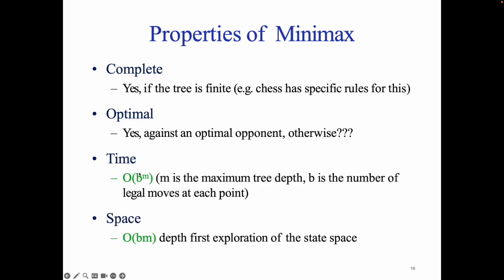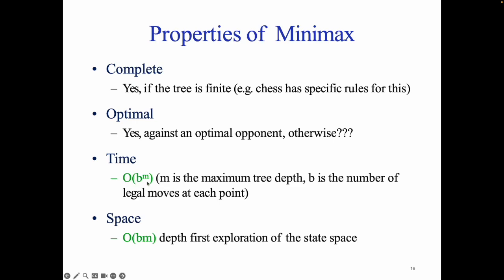And then in terms of time complexity, assuming that your maximum tree depth is m, so you can go deep down to depth m, and b is the number of legal moves, or the branches that you can have at each point, then the time complexity would be b to the power of m, right?